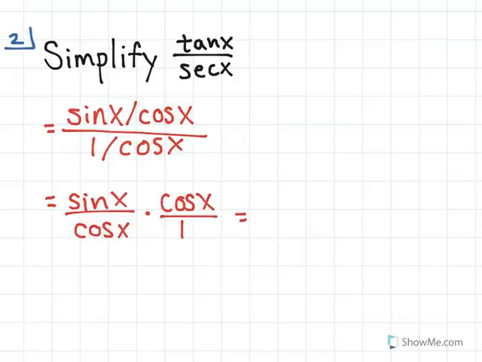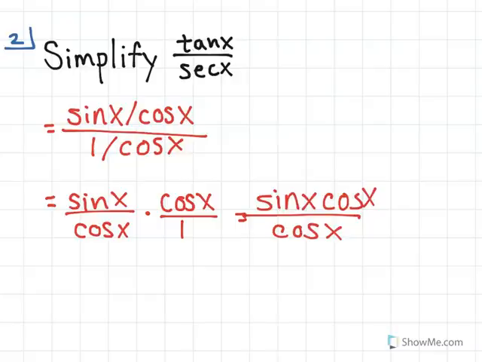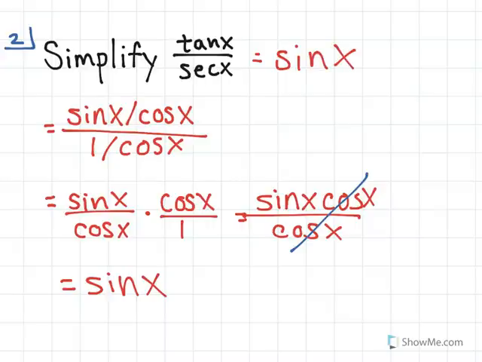That's going to equal sine x cosine x over cosine x, and we have these cosines that can cancel, and so our final answer for our simplification would just be sine x. So tangent of x over secant of x is equal to sine x.